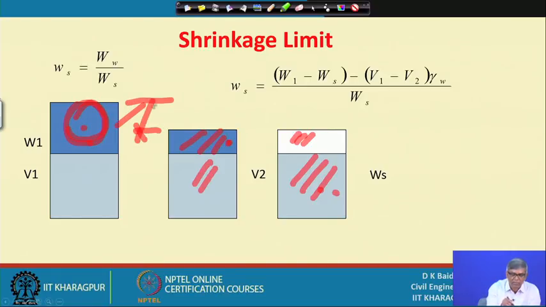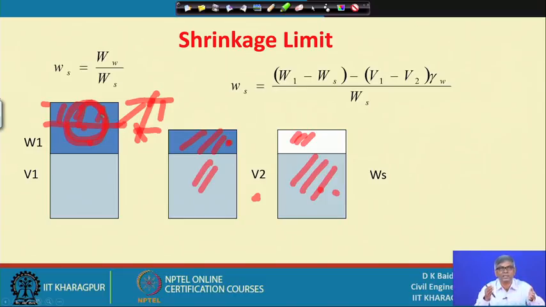How to find out this volume? I know this volume, I know this volume, so the difference of these two will be the volume. That is V1 minus V2, if this is V1 and this is V2. So, V1 minus V2 is the volume, and what was the weight?